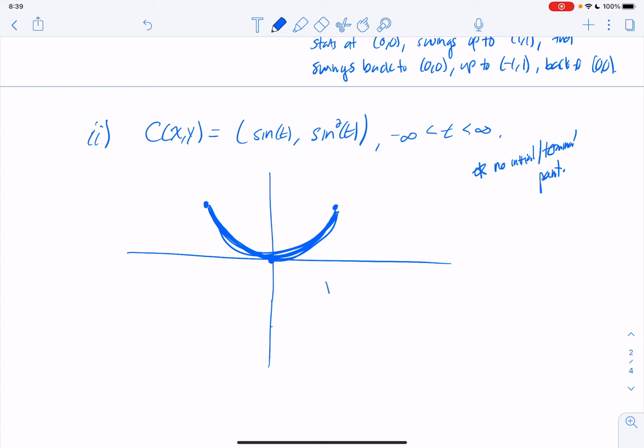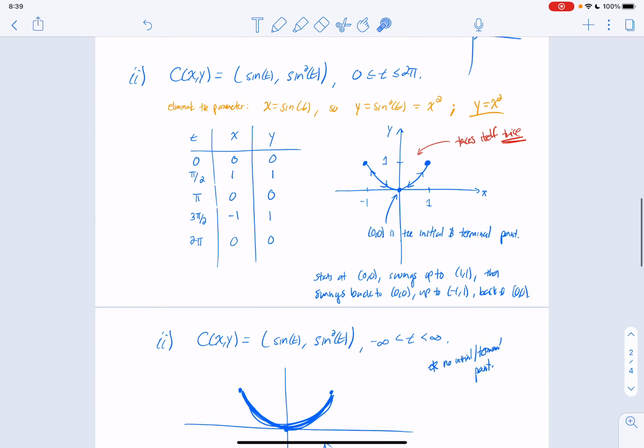And so this swings back and forth forever. So again, highlighting that if you take the exact same parametric equations, but you change the parameter, you get wildly different conclusions.